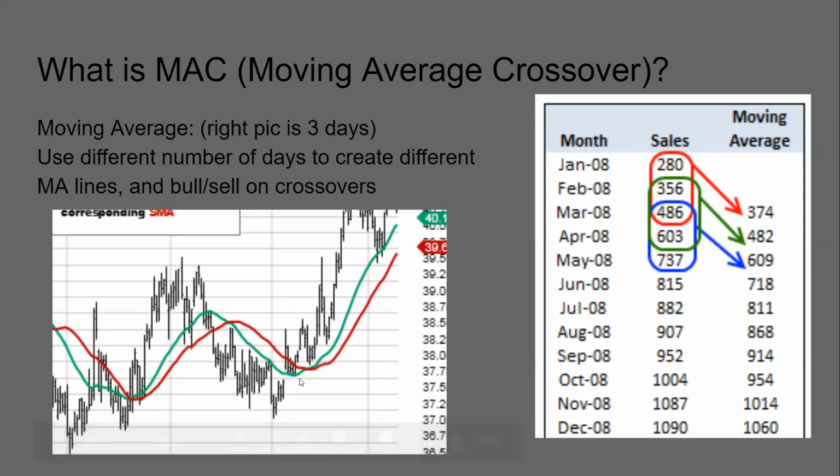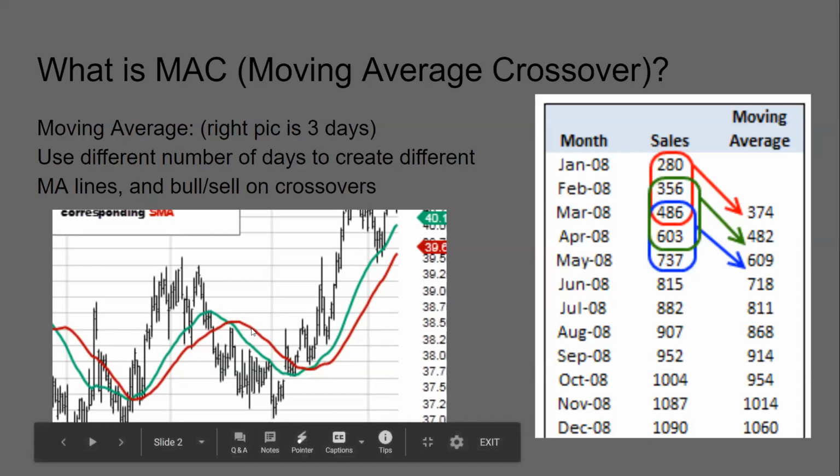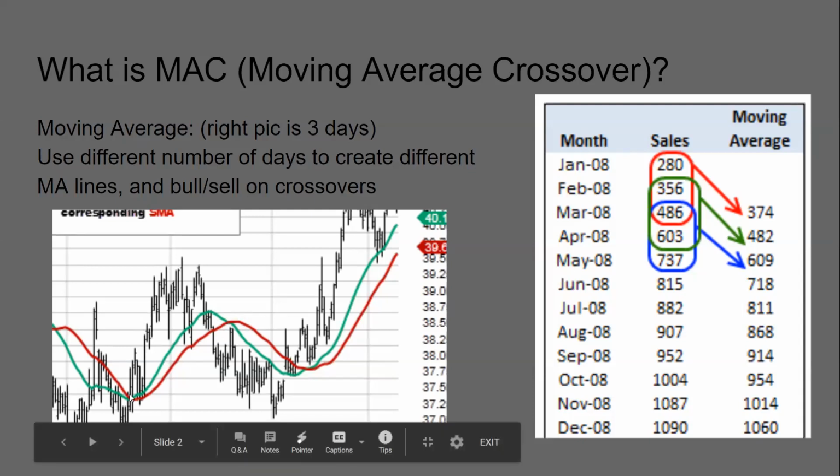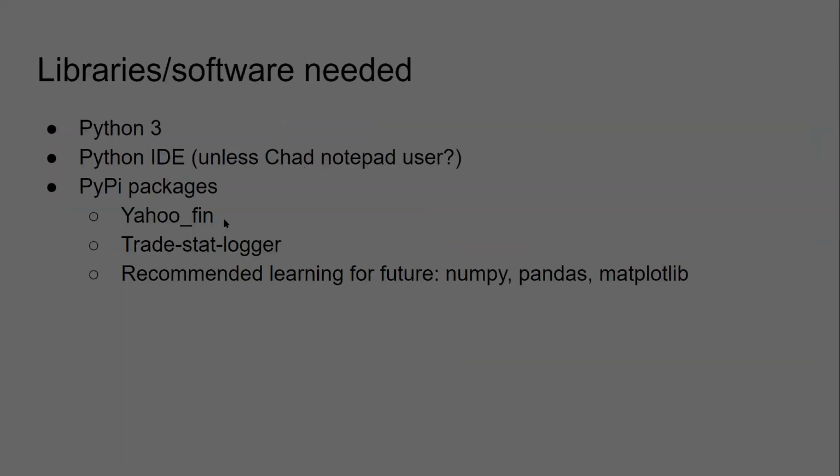The red one is like 50 days, which means it takes the past 50 days, averages it, and graphs that value on this chart. The green would be like the 20-day. You can see there are crossovers, one here, one here, and one here. When they cross over, that usually signals to the trader whether you want to buy or sell.